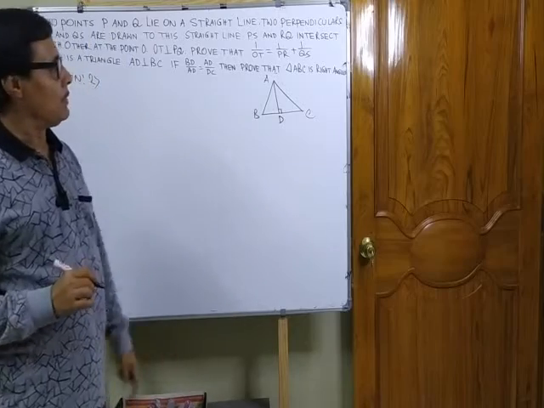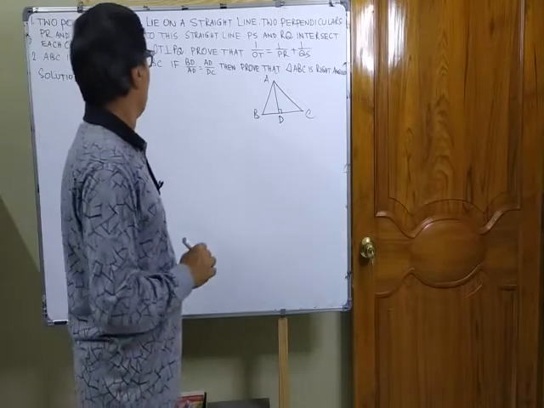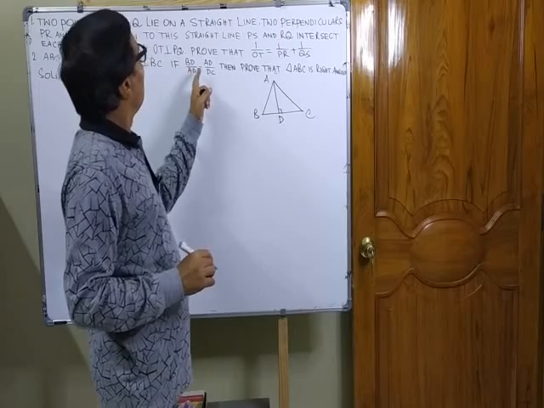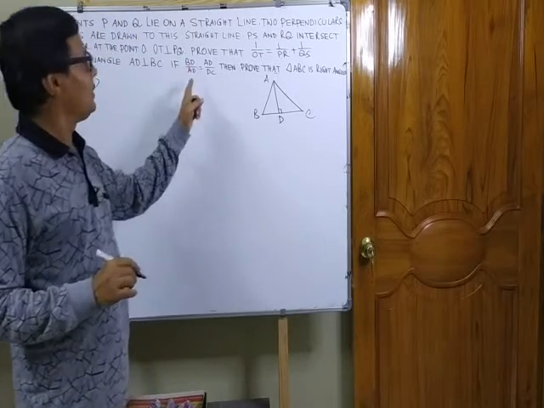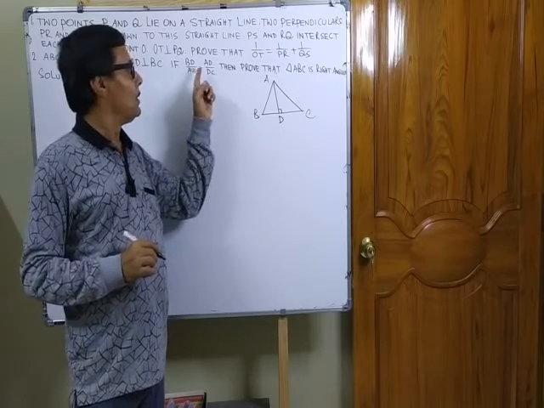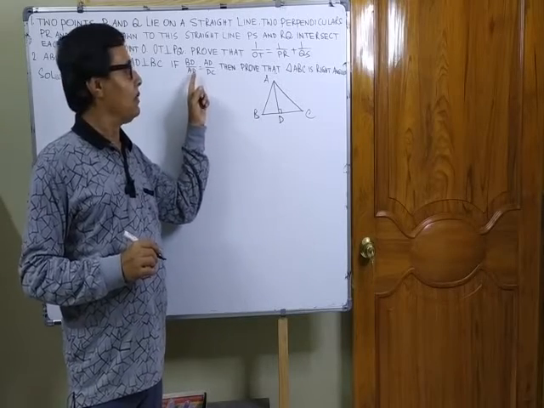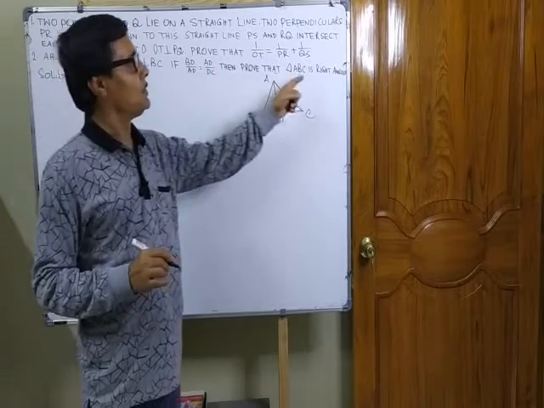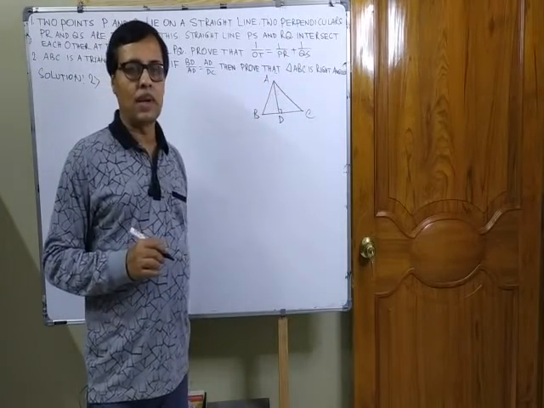AD is perpendicular to BC. Here a relation is given, which is BD over AD equal to AD over DC. By this relation we shall prove this result, that is, ABC is a right angle triangle.